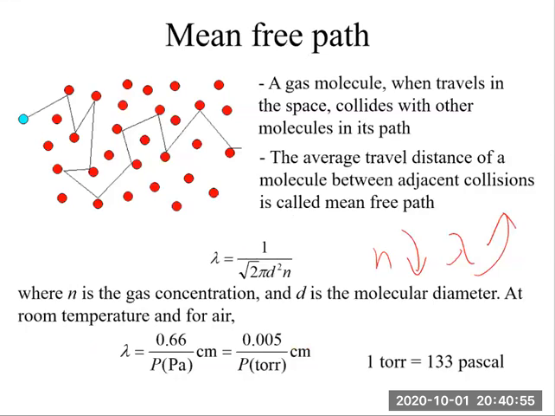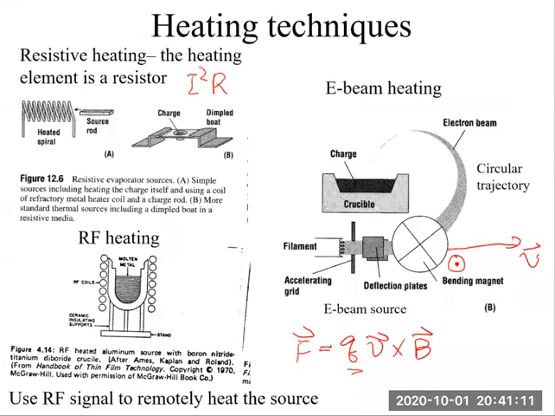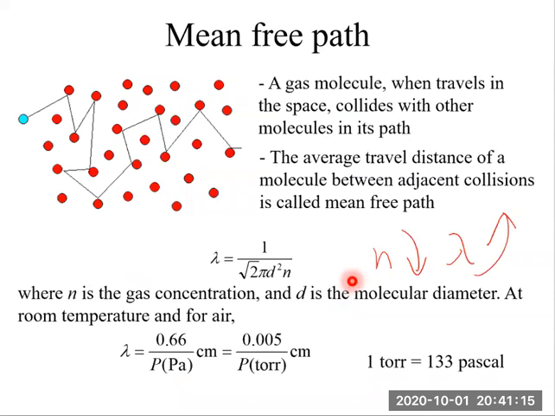In the previous slide, we mentioned that thermal evaporation is typically carried out at pressure less than 10 to the power of -6 torr. So how large is the mean-free path when the pressure is 10 to the power of -6 torr?